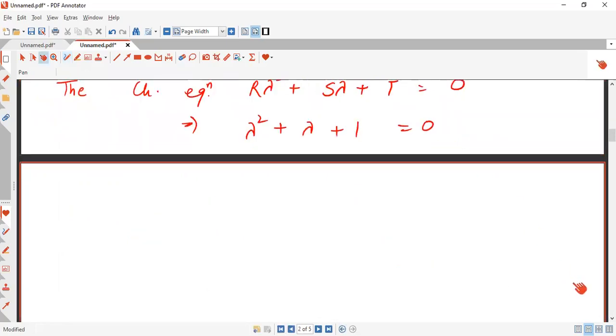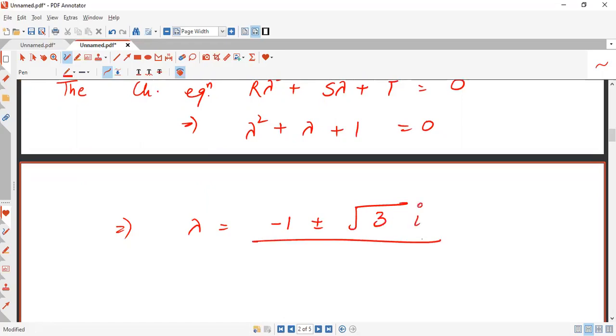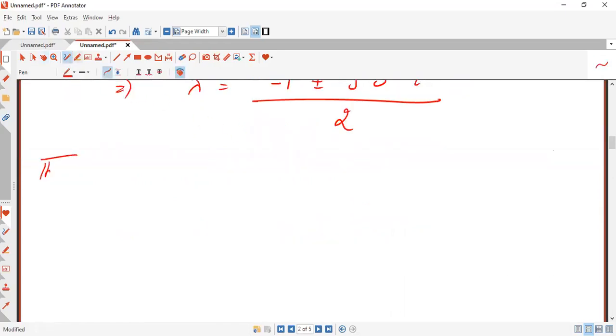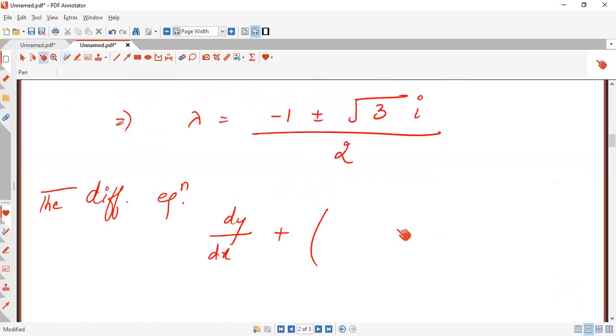Find out the solution. Minus b plus minus root of b square minus 4ac upon 2a. What will be the differential equation? dy by dx plus lambda, right? Minus 1 plus root 3 iota upon 2.